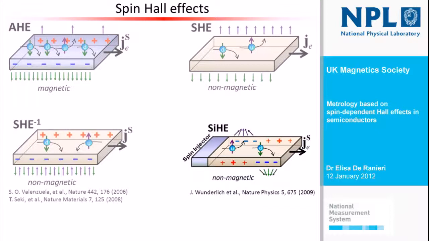And all of this is combined with a longitudinal spin precession of the electron spins around an effective magnetic field which comes from the spin-orbit interaction. And this is why the sign of the voltage that you measure changes as you move along the bar. And because this precession is due to the spin-orbit interaction, you can think of gating it with an electric field, for example. And this was done by Wunderlich and co-workers about a year ago.